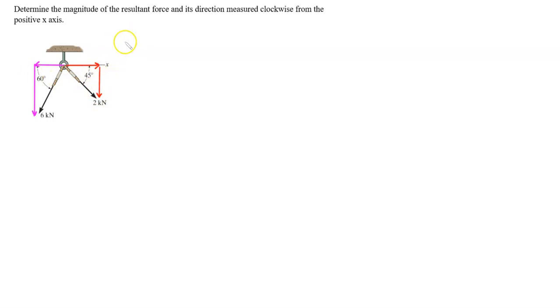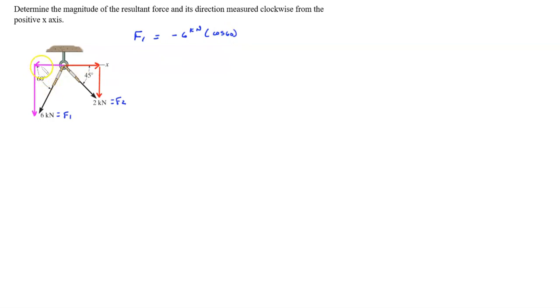So if we compute the components for force 1, and let's call this force 2, we can say that F1 is equal to negative 6 kilonewtons times the cosine of 60 degrees.